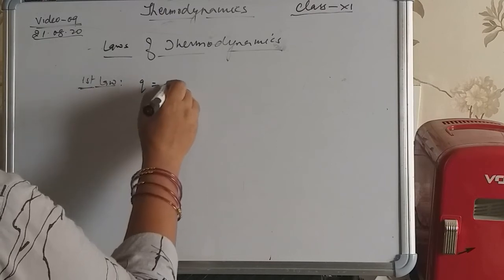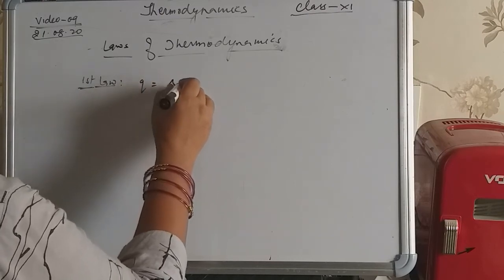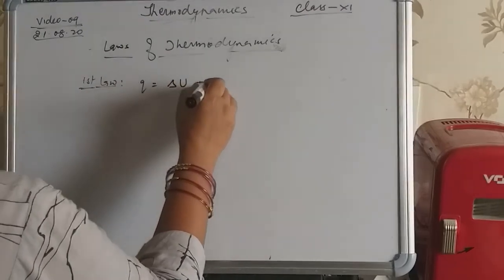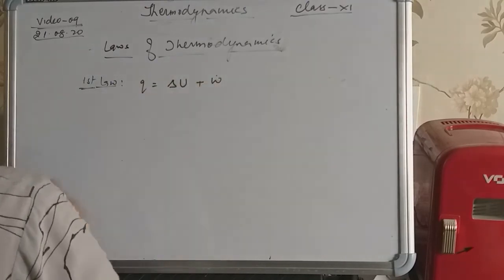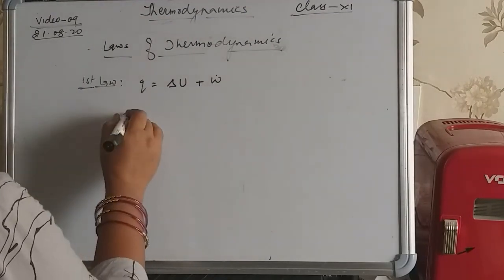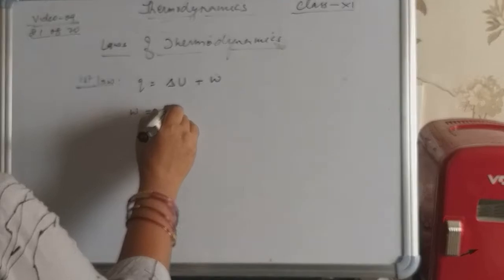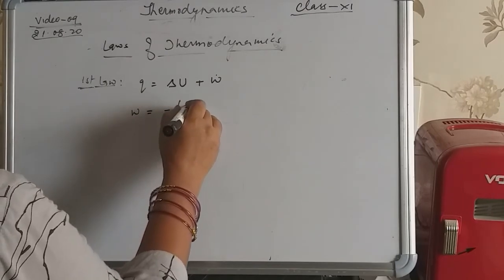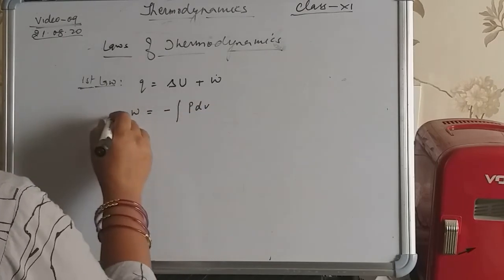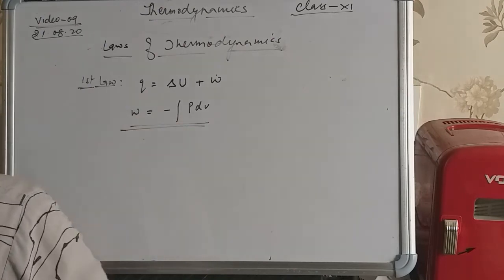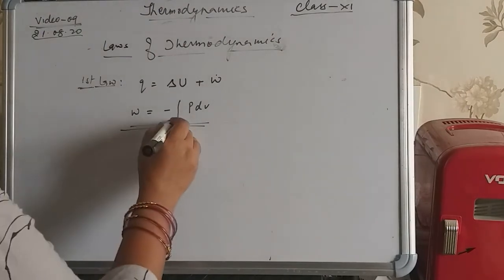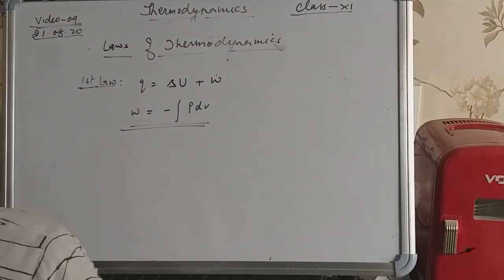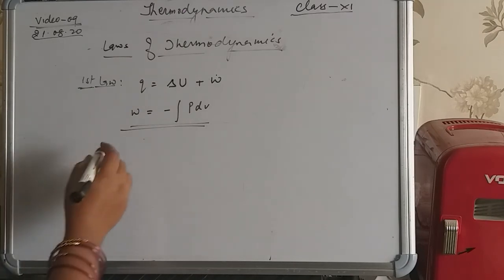It comes Q, the heat, equals change in internal energy plus W, or work, equal to integration of P dV. This is our first law of thermodynamics. We have already discussed this first law in our previous video.